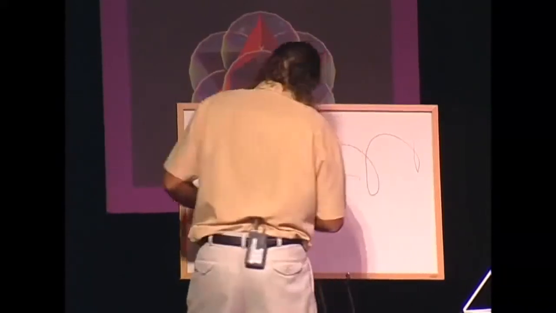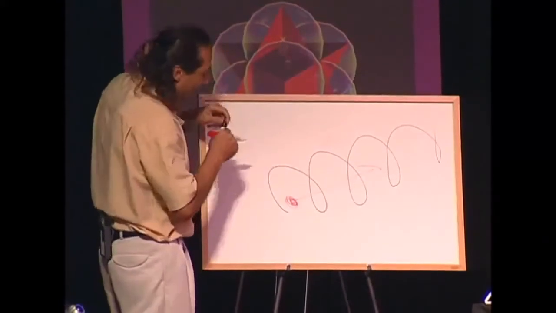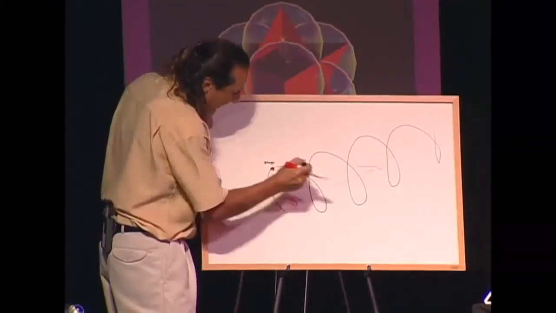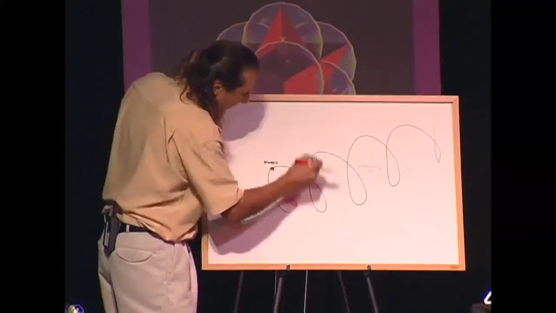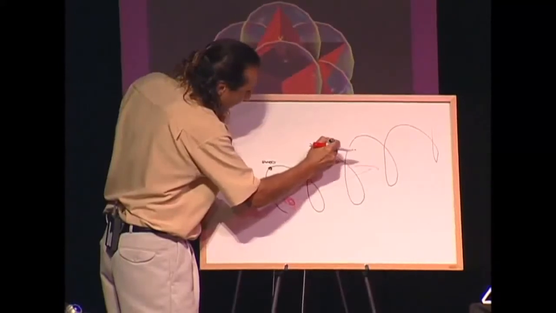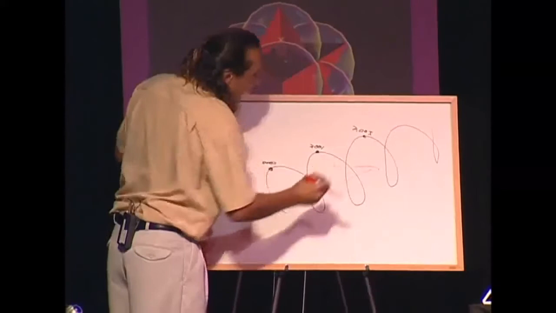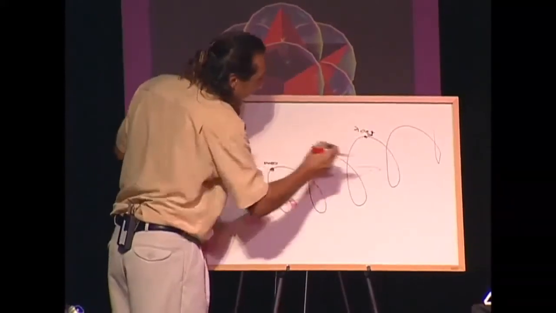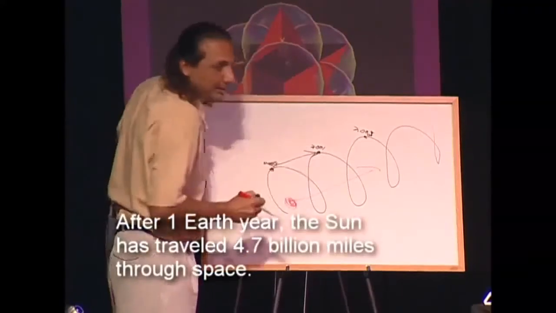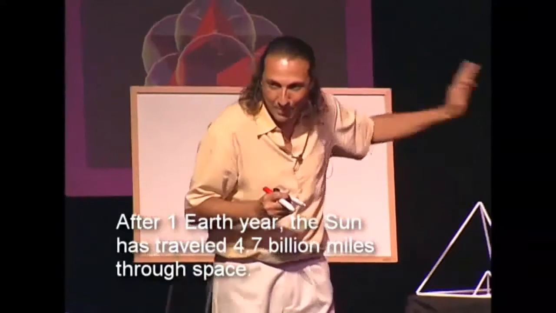And if you look at the Earth on this vortex, you could say that this is 2000, for instance, and this would be 2001, and then this would be 2002, and this is an extremely long distance apart, millions and millions of miles apart.